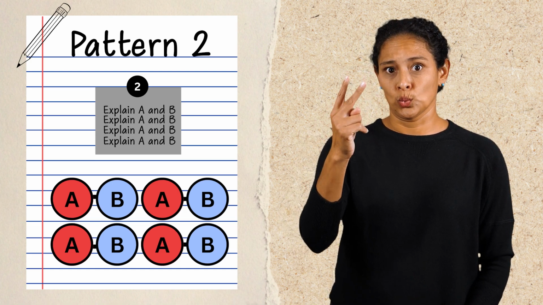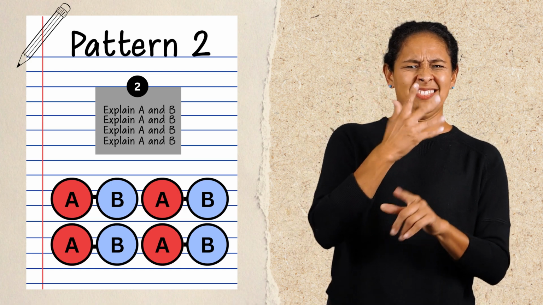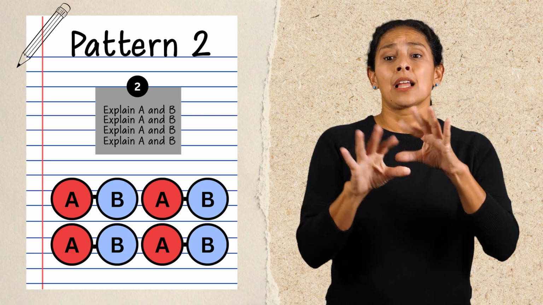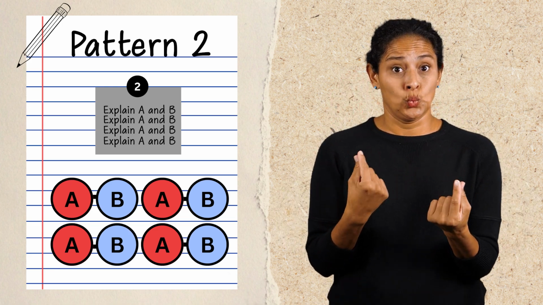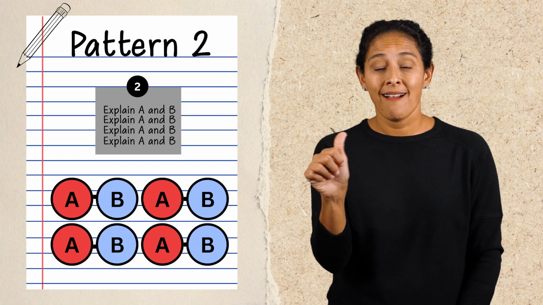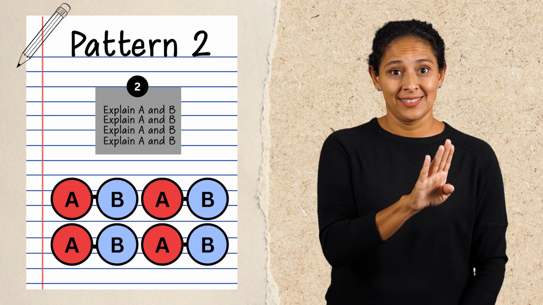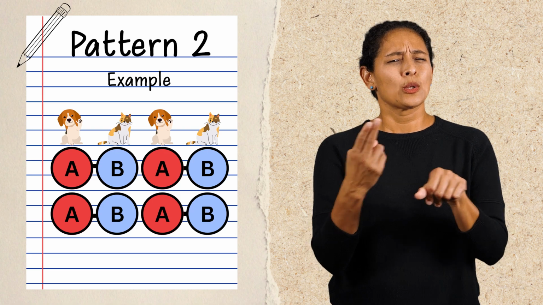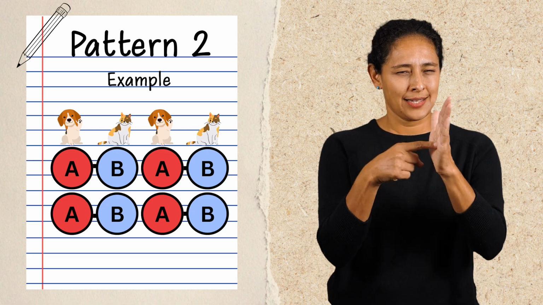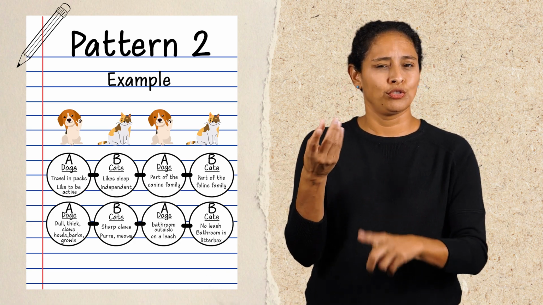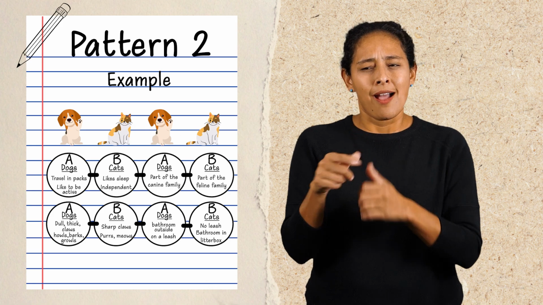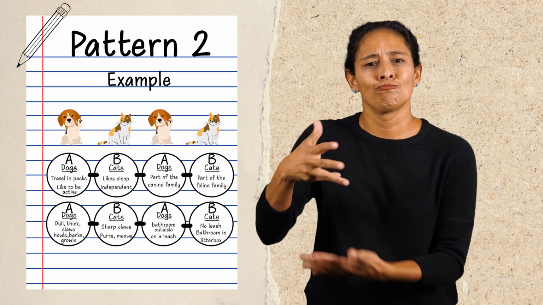Now for pattern 2, things look a little different. Instead of all of A and then all of B, I will alternate and switch between A and B. Let's use our dogs and cats again as an example. Here you can see that I start with dogs and how they like to be active and with other dogs.